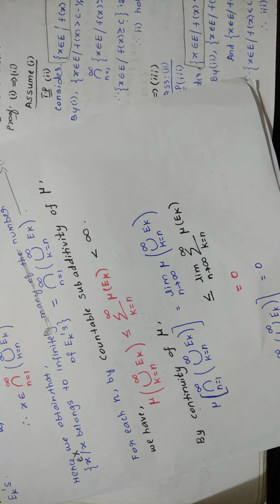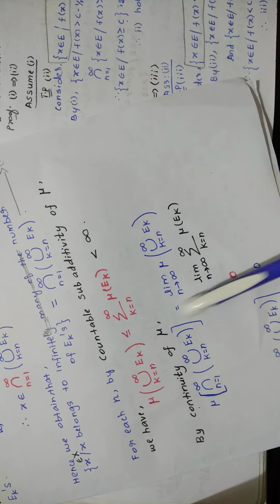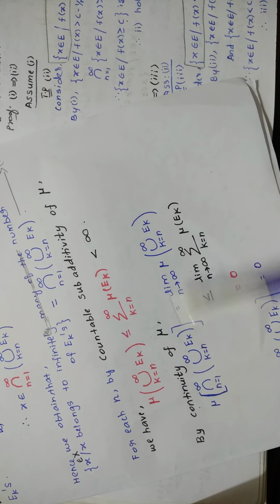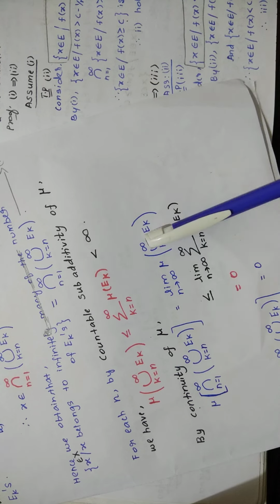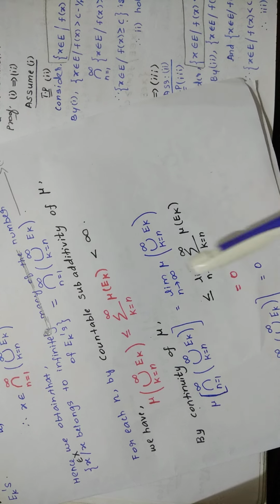Now you are using another proposition, that is, by continuity of mu, mu of this value is equal to the limit as n tends to infinity of this. You are writing this by another proposition, by continuity of mu. Okay. Now from this you can write limit n tends to infinity as it is.